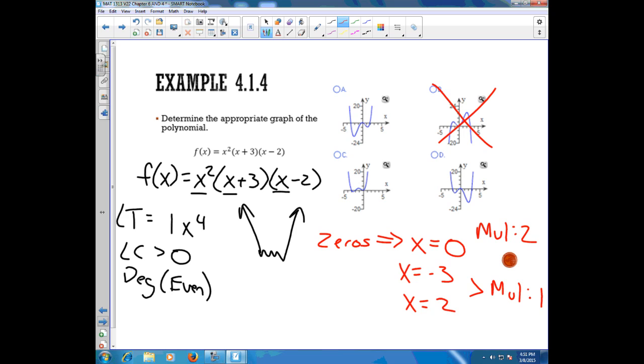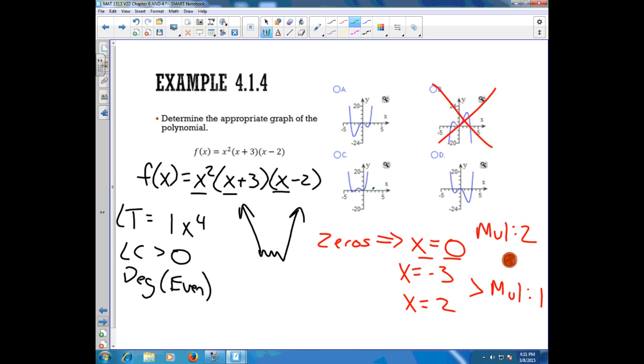So, first let's see if we can match up the zeros to these graphs. Each should have a 0 at positive 2, negative 3, and 0. Well, they all cross at 0, so that's okay. This one, C, here, does not have a 0 at positive 2, right?